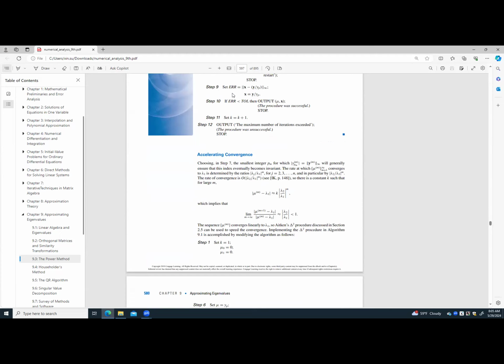So this is the power method part, and this is something extra you need to read: accelerating the convergence.